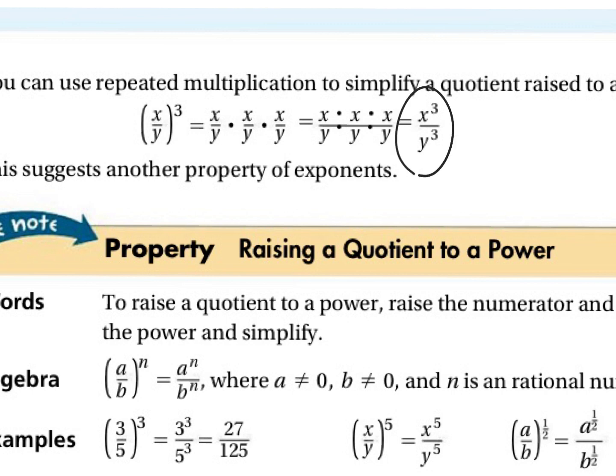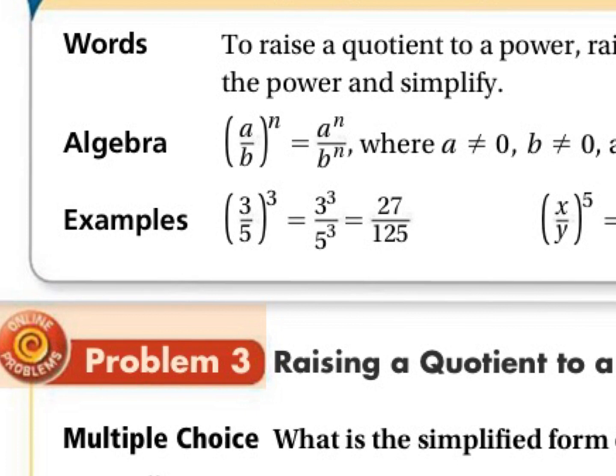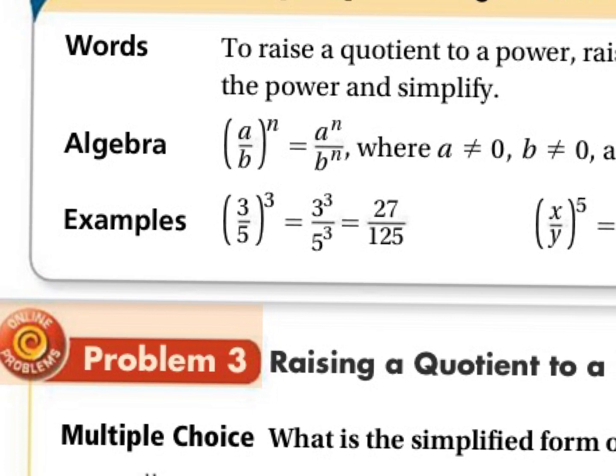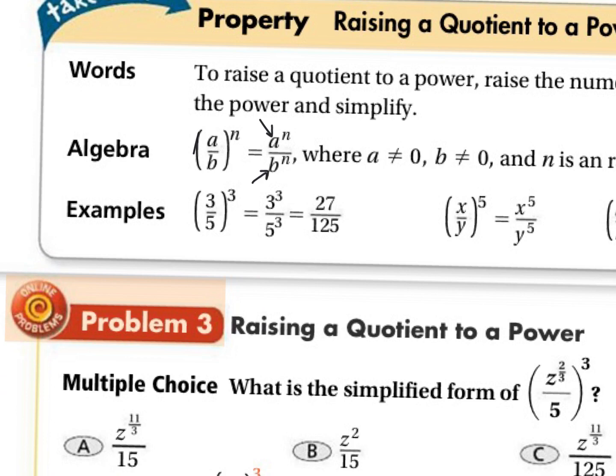So basically what that tells us is this property for raising a quotient to a power, which says that if you have a fraction to a power, you can take the numerator to that power over the denominator to that power. So they give us some examples.